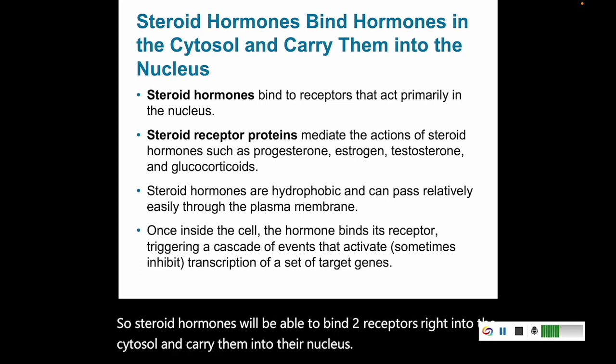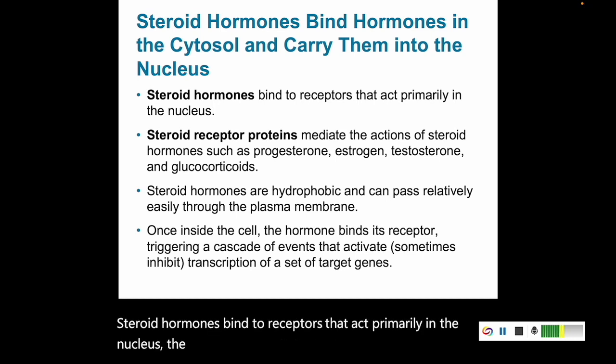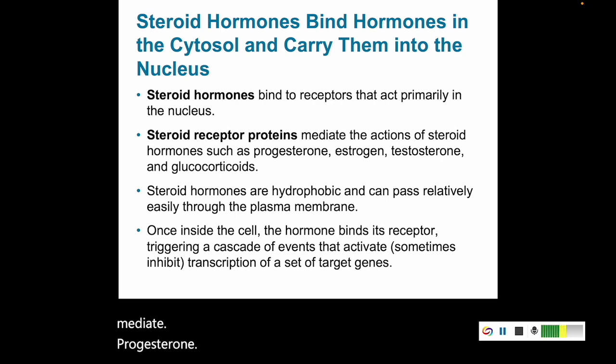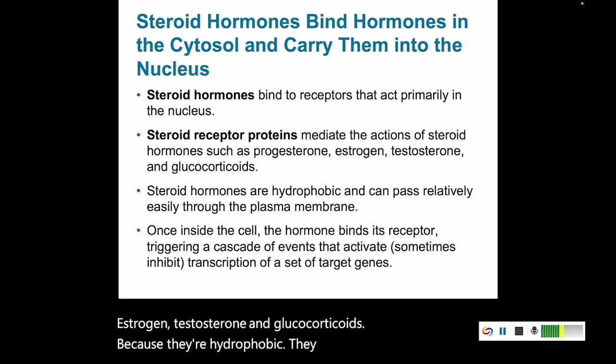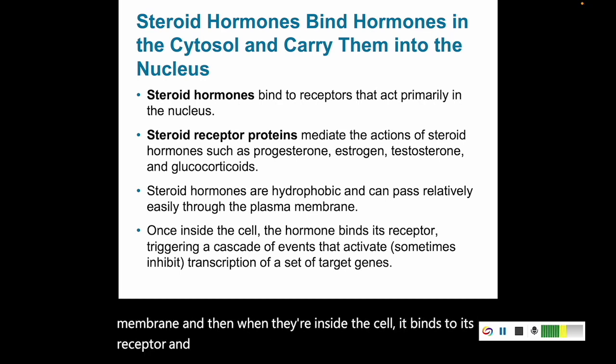Steroid hormones bind to receptors that act primarily in the nucleus. The steroid receptor proteins are going to do things like mediate progesterone, estrogen, testosterone, and glucocorticoids. Because they're hydrophobic, they easily pass through the plasma membrane. And then when they're inside the cell, it binds to its receptor and then either activates or inhibits transcription of genes.